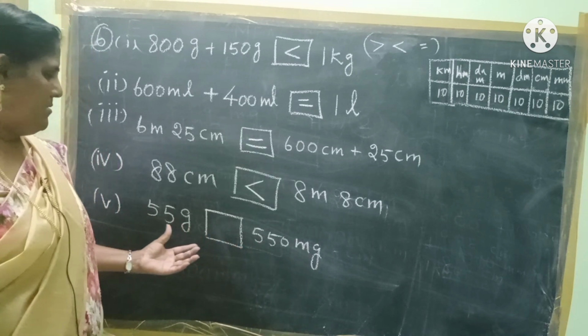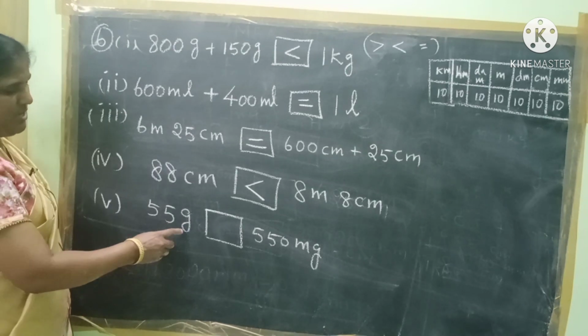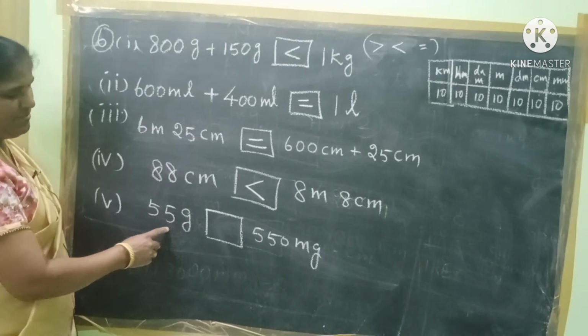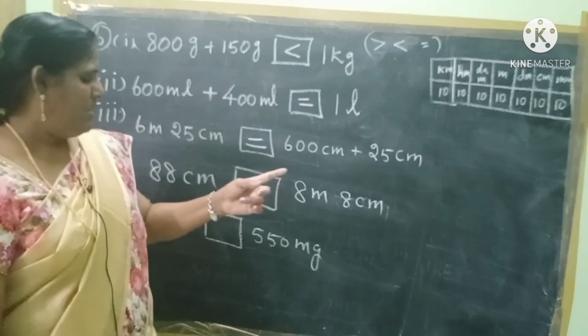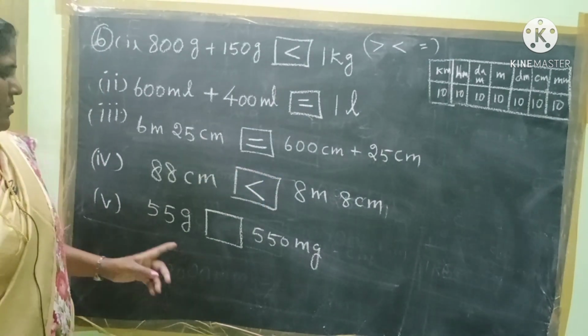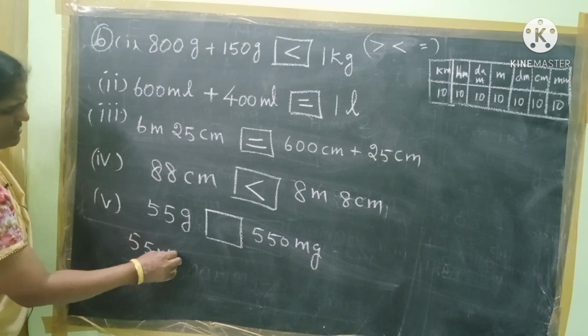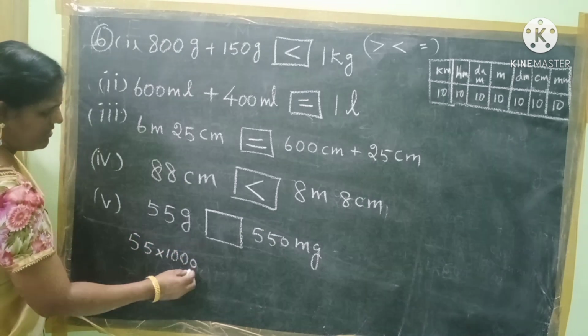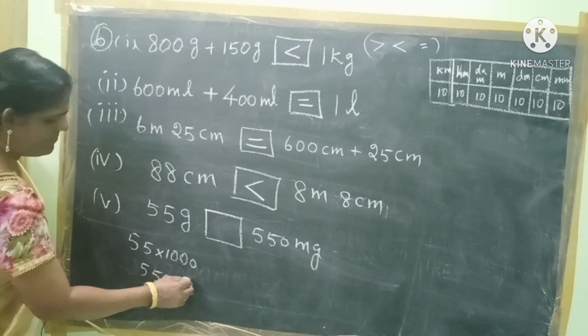So first, 55 gram means how many milligram? 1 gram equal to 1000 milligram. So 55 gram is equal to 55 into 1000, which is 55,000 milligram.